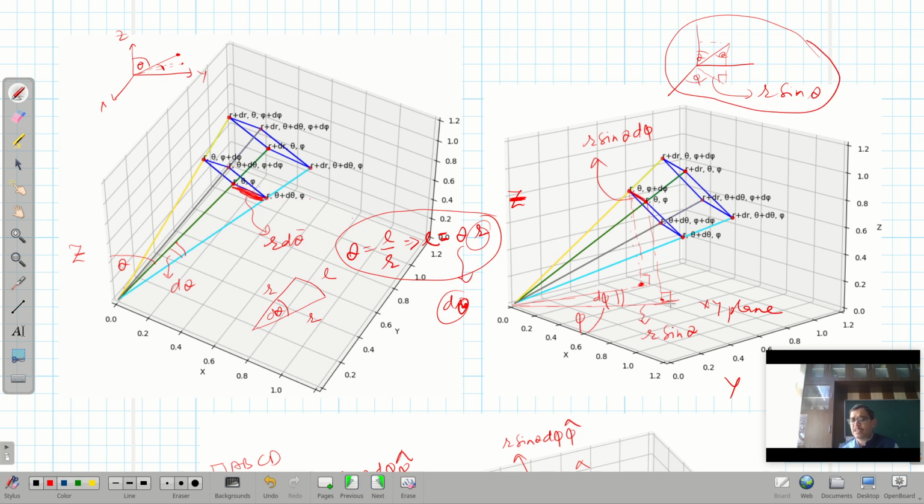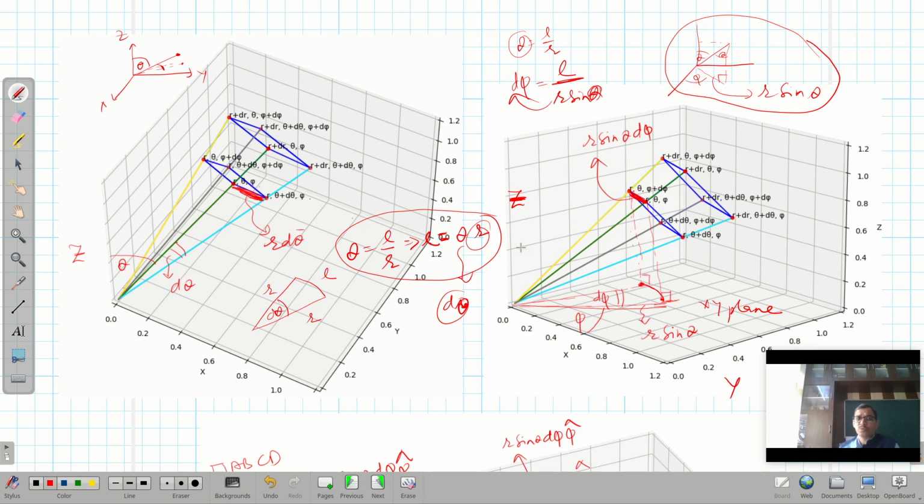This distance is r sine theta, and similarly it's like a curve, so this also remains the same distance, but this is angle d phi. Again, using the concept theta equals L upon r, but here in place of theta we have d phi, and in place of L is this length represented by the red curve, and r is basically r sine theta. Using this I can calculate this length. So this length comes out to be r sine theta d phi. That's what we are getting here, right?